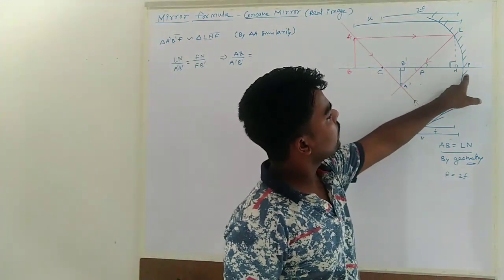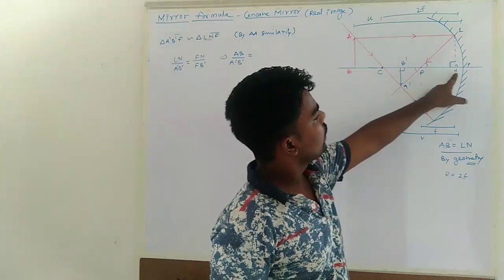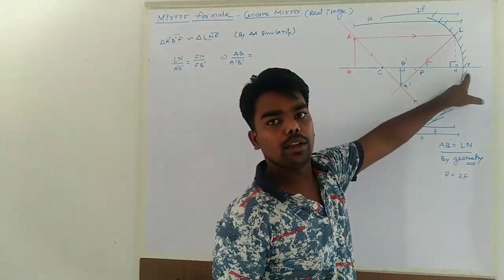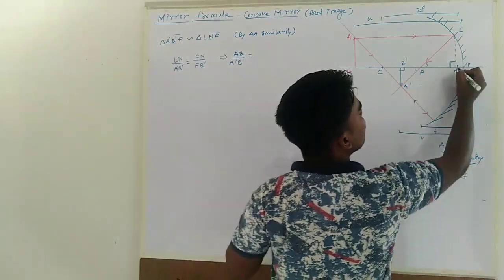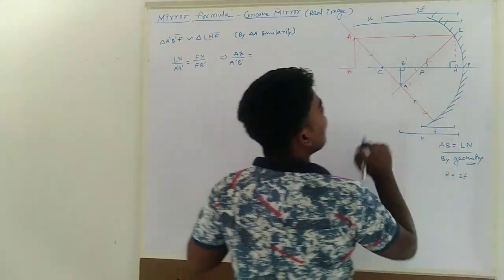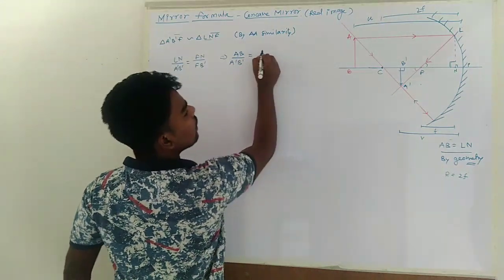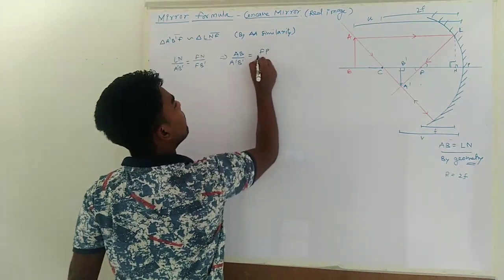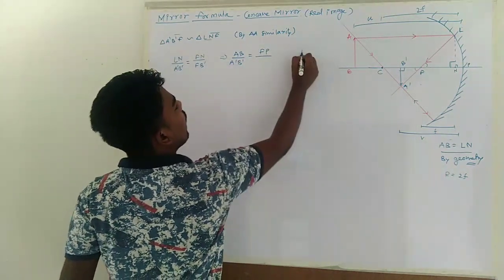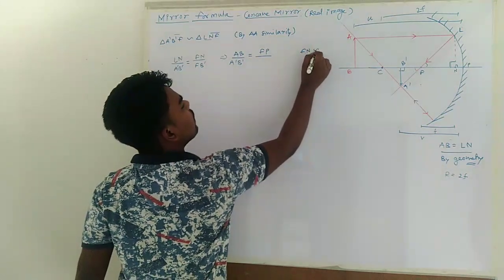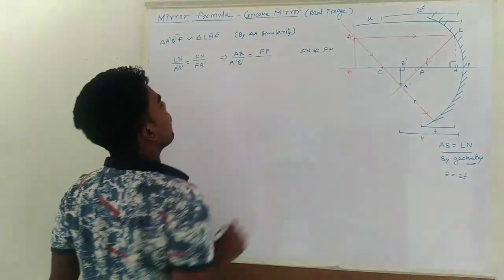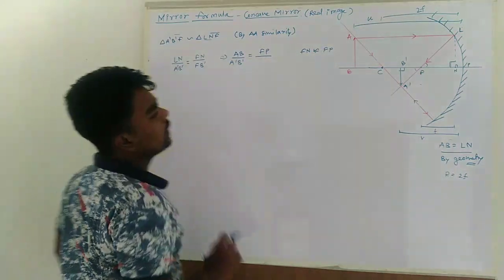N and P are very much closer, so instead of N, what we can write? P. These two points are very close to each other, so instead of Fn, I will write Fp, and Fb dash.